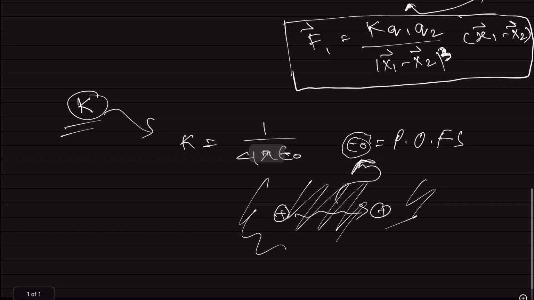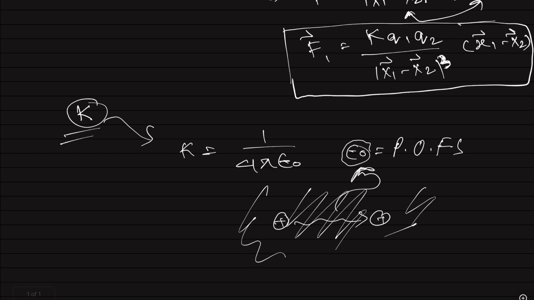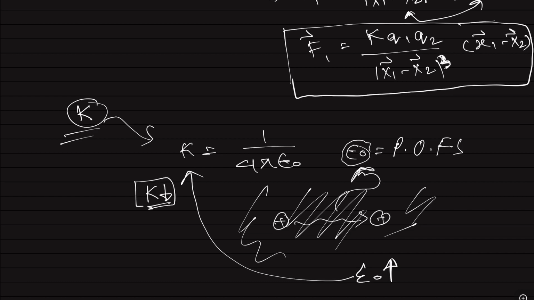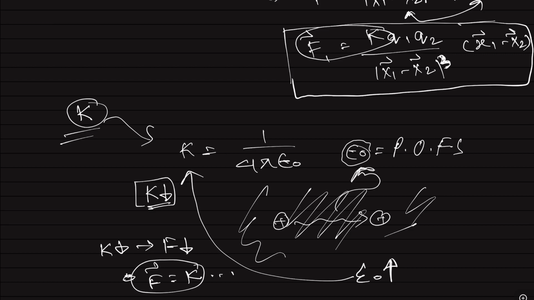You can also understand it this way: if the resistance is very high, that means k will be very low, right? Because it's an inverse relation. And if k is very low, then F is also very low, since you can see this is a linear relation: F equals k times something.